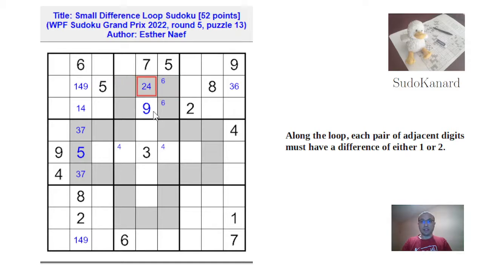And this here is close to 2 or 4. It can't be a 5 or 6. So it must be among 1, 2, 3, and 4. And what about 8? 8 could be here, or 8 could be here with the 6.